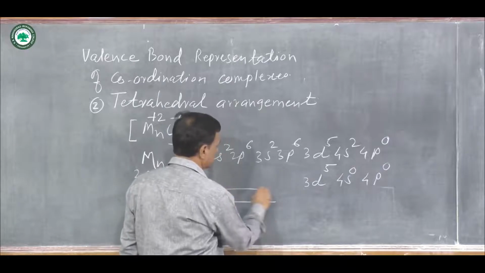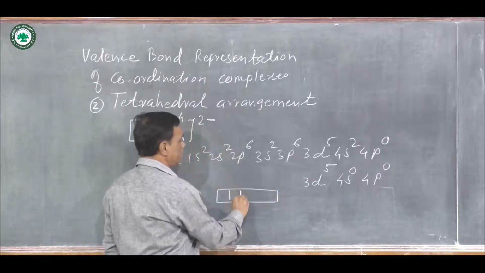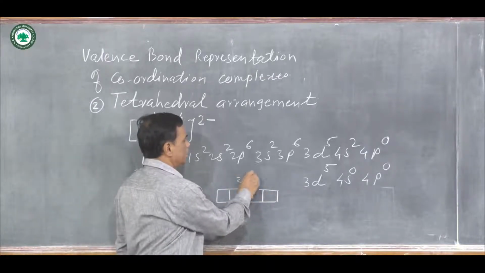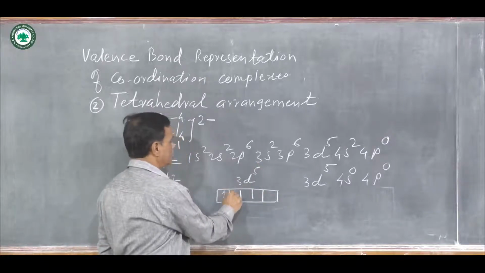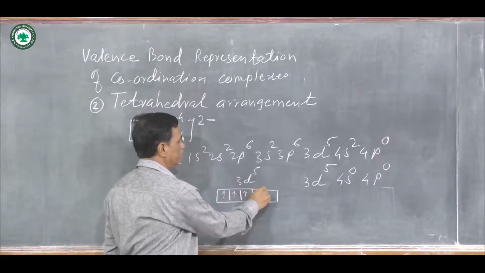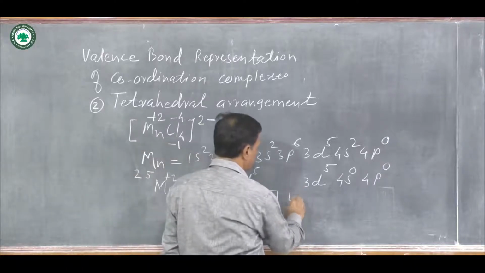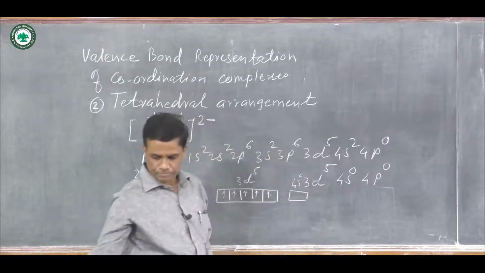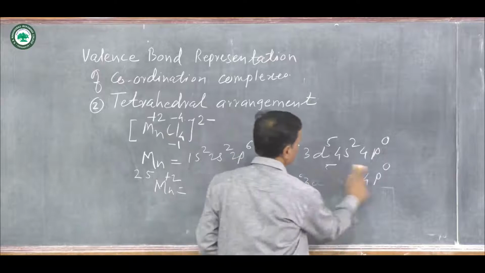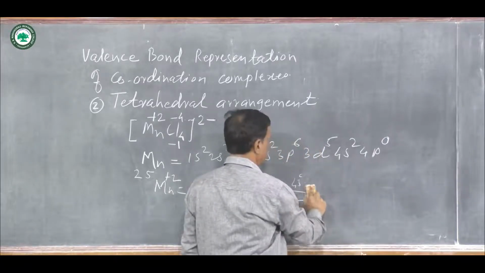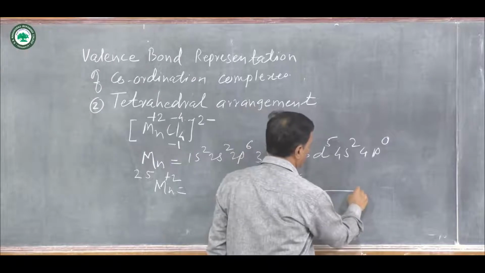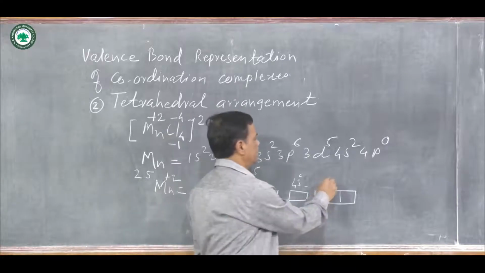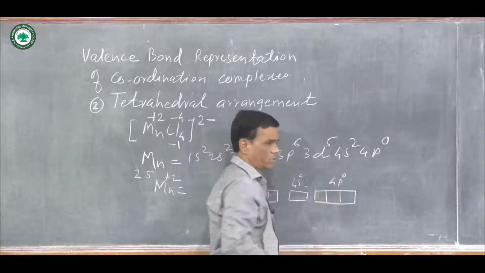Here for 3d orbitals, there are 5 boxes, meaning 5 3d orbitals containing 1 electron each, and this is the box diagram. Then the 4s orbital contains 0 electrons, and for the 4p orbitals, there are 3 4p orbitals, px, py, pz, which also contain 0 electrons.